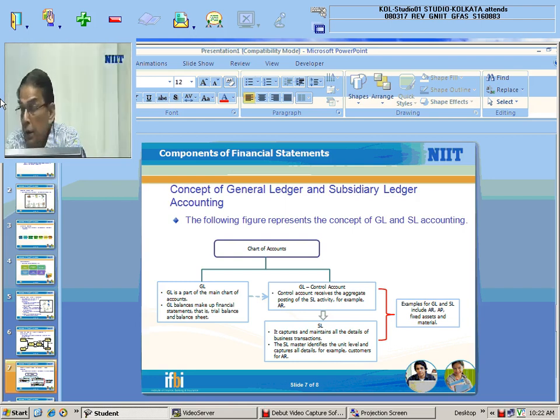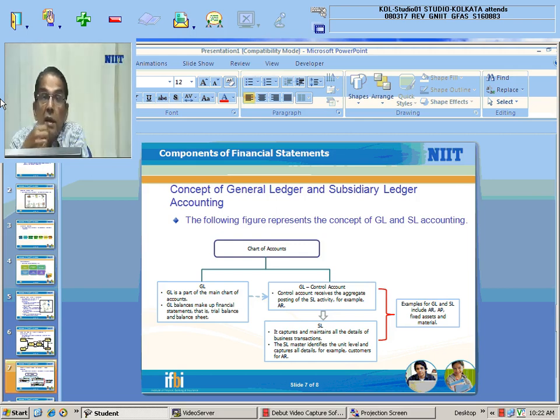So a subsidiary ledger will contain the details to support a general ledger control account. All the details will be available in the subsidiary ledger, only the aggregated amount will appear in the general ledger control account.